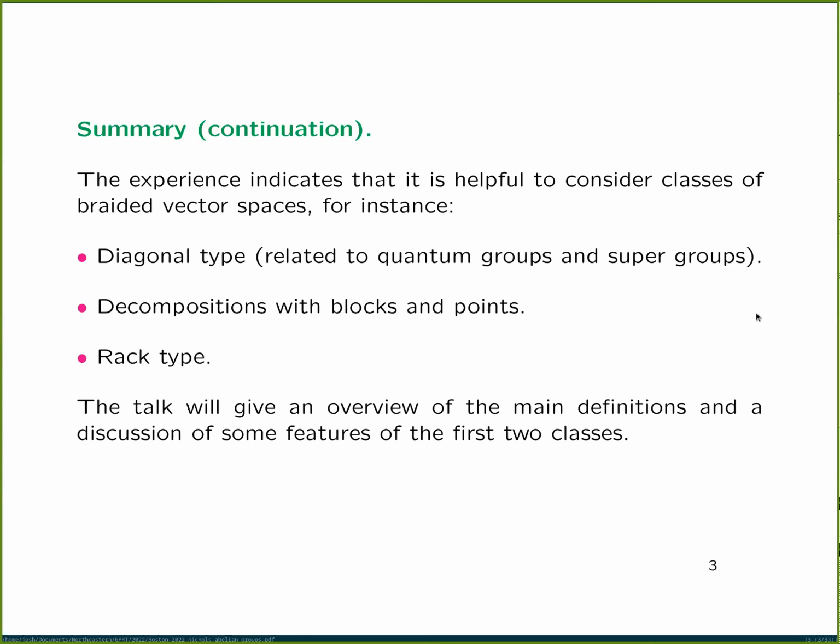So far, the main classes we understand are those of diagonal type, which are related to quantum groups and quantum supergroups; those related to the decompositions with blocks and points, which I think I will not have time to explain; and those of rack type, which I will explain tomorrow. In this talk today, I will give an overview of the main definitions and I will discuss some features of the first two classes, and mainly of the first class, which means diagonal type.